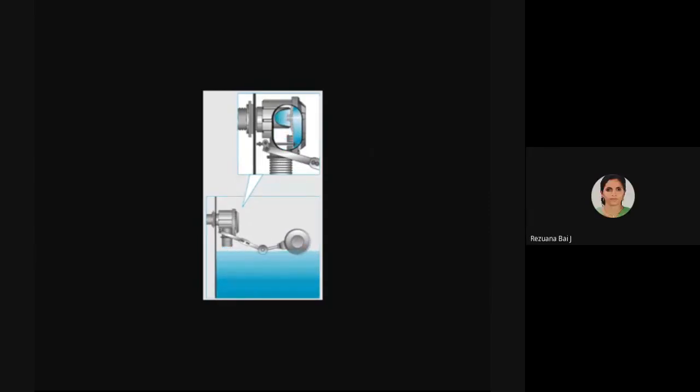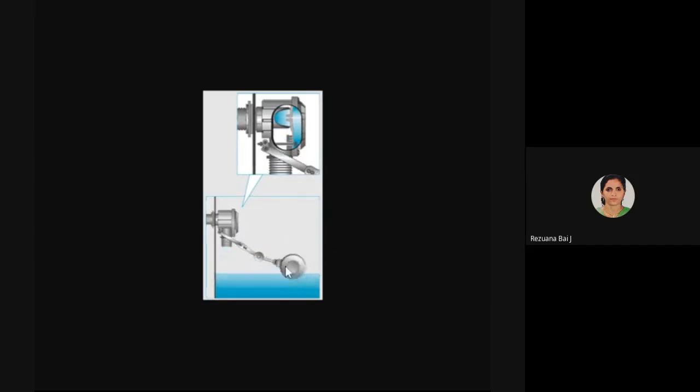This is simply an animation that I have taken from Google. It is just showing the animation. You can see that when the water level is below normal, below normal means empty, the water flows in. How? Using this lever and pivot arrangement. The inlet valve closes when it becomes full.